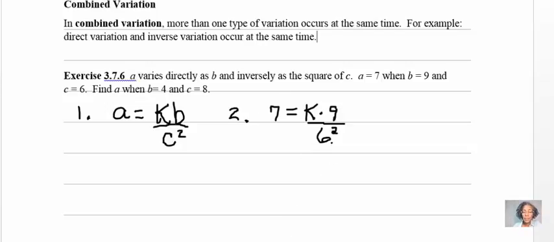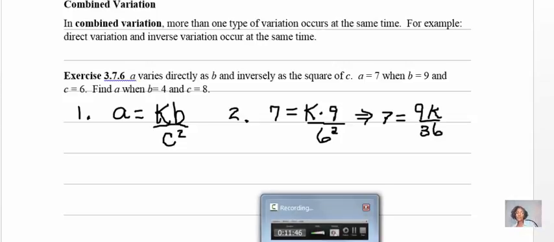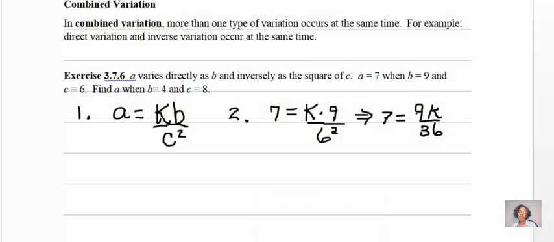So 7 equals 9K over 36. And I can reduce this because 9 divides into 9 once, and 9 divides into 36 4 times.